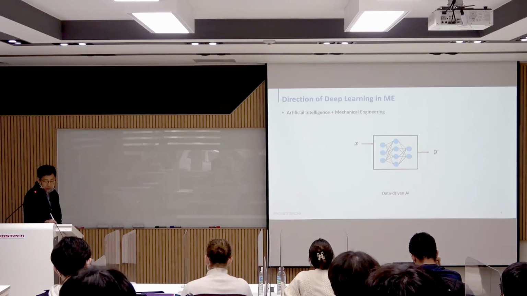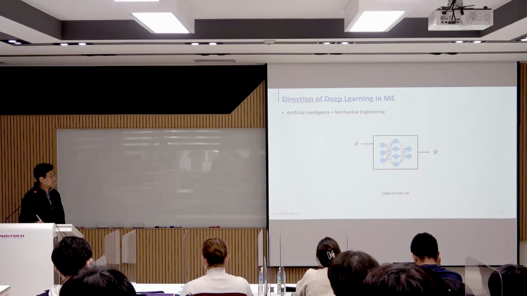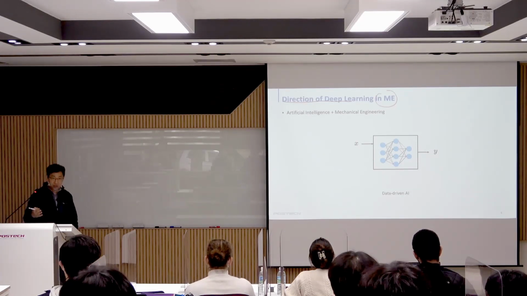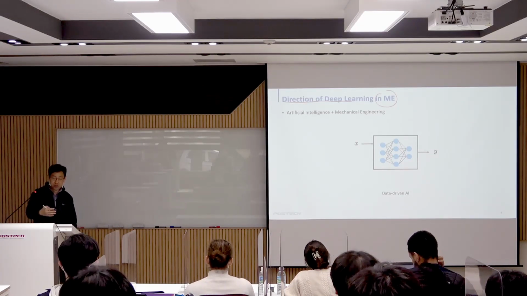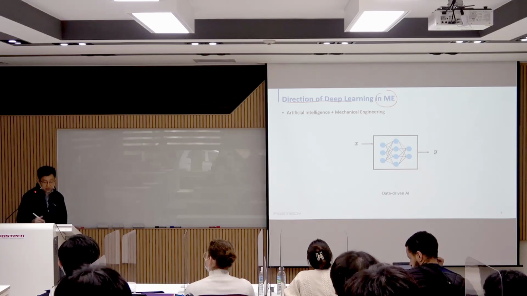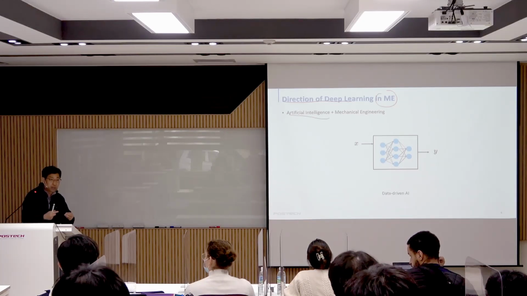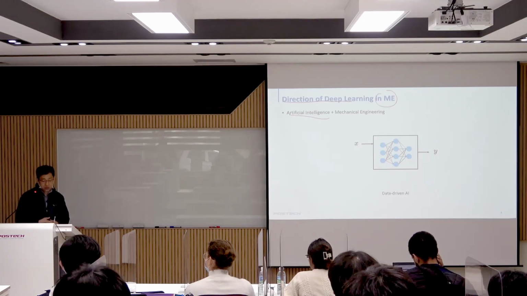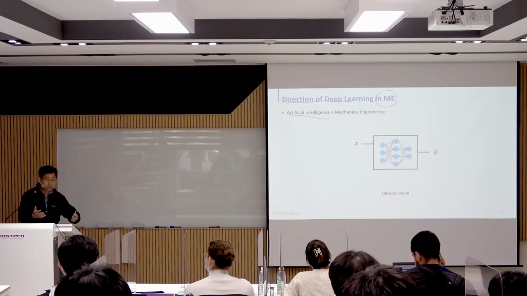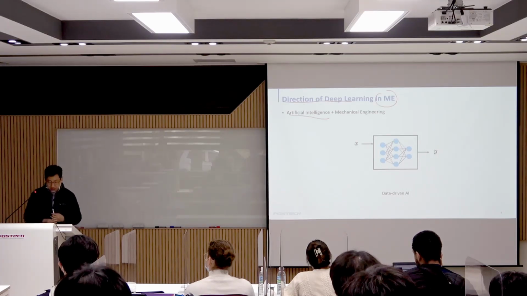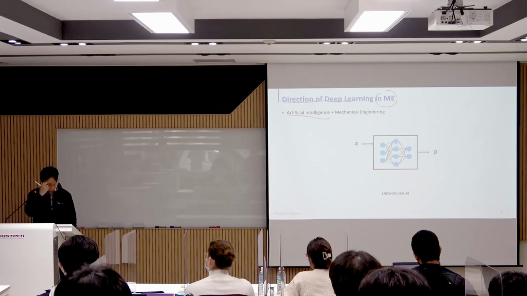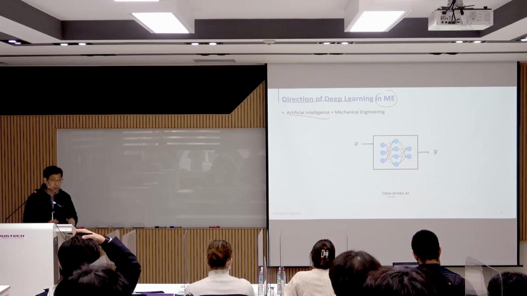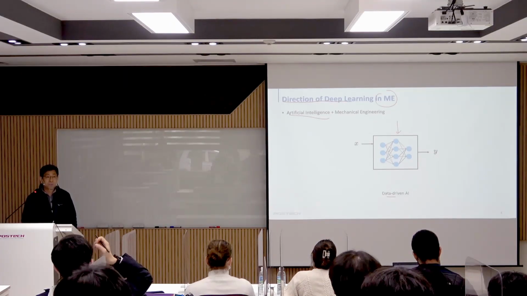So in the direction of AI or deep learning models, here I said mechanical engineering, but in general engineering fields, I want to combine or hybridize AI with domain knowledge. For illustration, say we have the same data-driven AI model with X and Y, and we build the network in the middle.